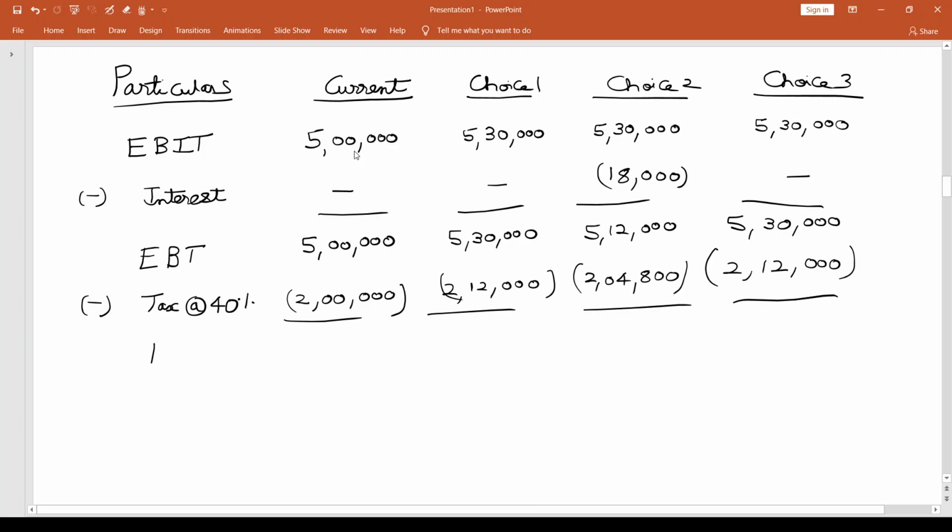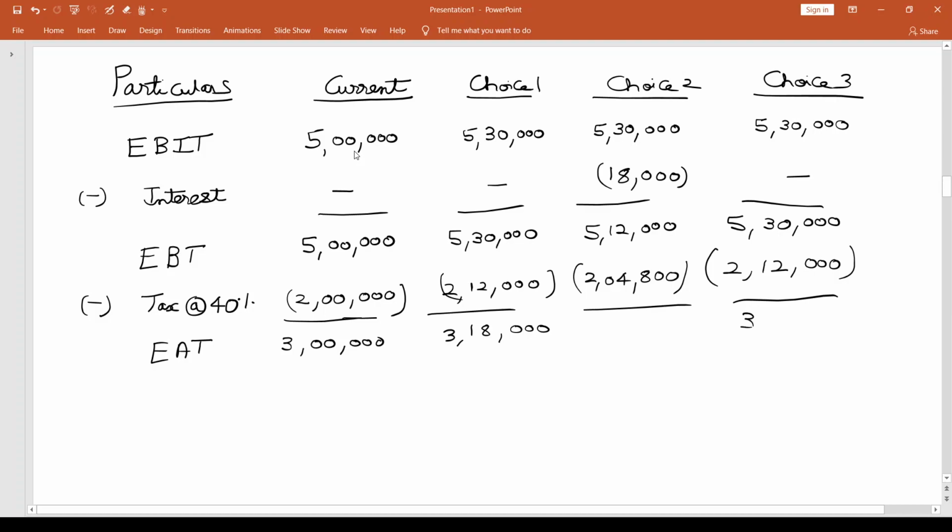So now I would get EAT, earnings after tax. So in the current case, it's going to be 3 lakhs. As of now, it is 3 lakhs. And for choice 1 and for choice 3, it is 5,30,000 minus 2,12,000. That is going to be 3,18,000.